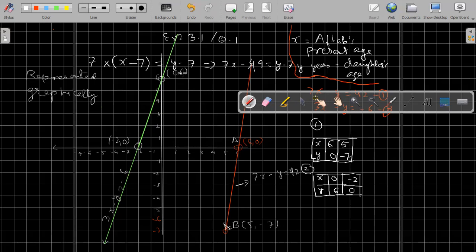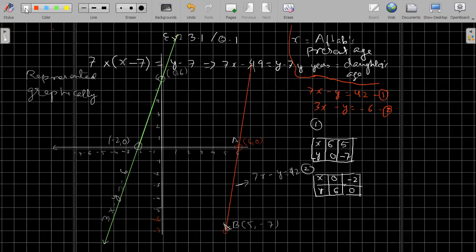And here it is represented algebraically. In every question, there are 2-3 questions.